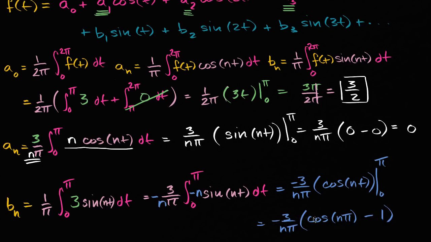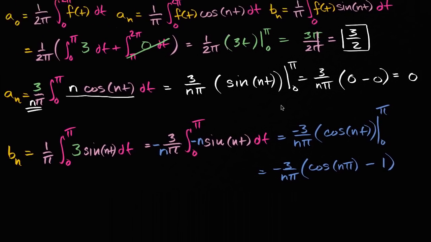We have a general, and you might say, well, cosine of n pi, is that positive 1 or is that negative 1? Well, it depends. If n is even, this is going to be positive 1. If n is odd, this is going to be negative 1. So it depends. Actually, let's just write that out.